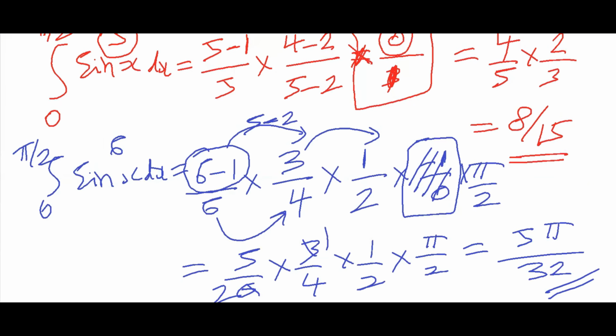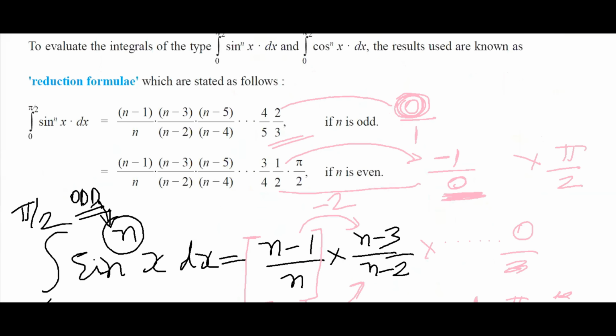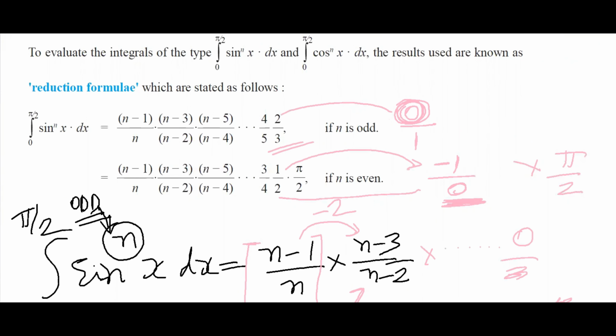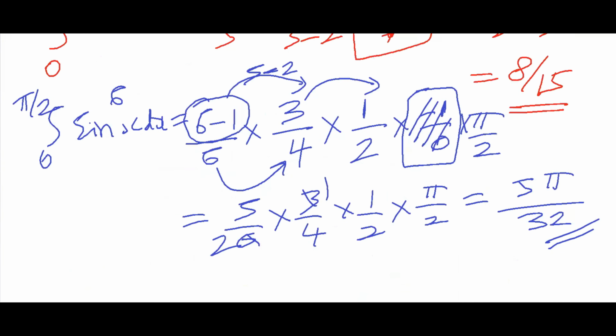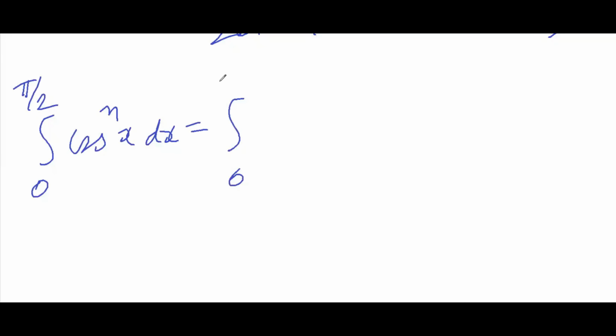This is in case of sine. Now, when you have cos, then what will you do? Then also it is very simple, because you have to apply only the property of definite integral. Example, it is 0 to pi by 2 cos to the power of nx dx. So here you will apply the property. What is that property?